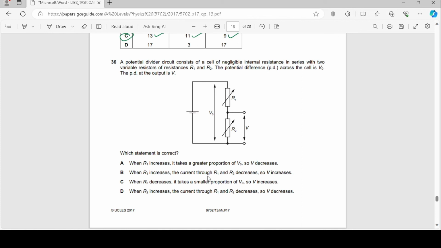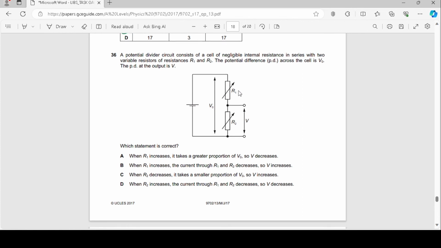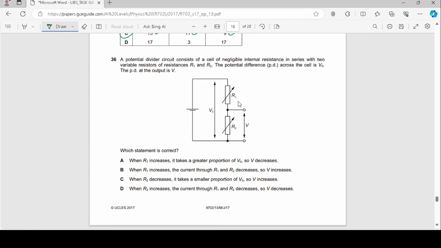When R1 increases, it takes a greater proportion of V0, so V decreases. So if R1 increases, then it definitely takes a greater proportion of this V0, because the potential divider is all about ratios, really. If you're good with ratios, then you should be fine with potential dividers. So V out over V total equals R out over R total.